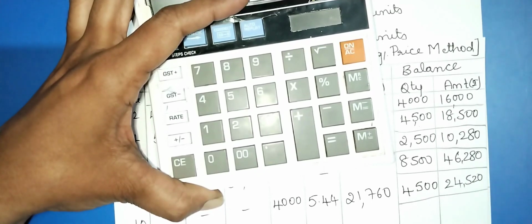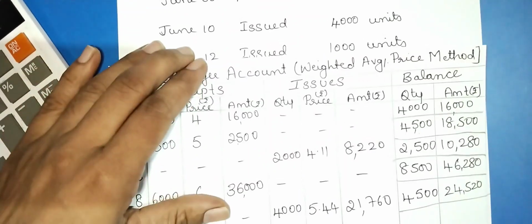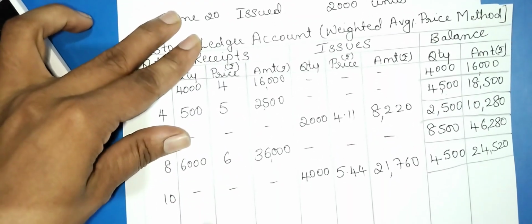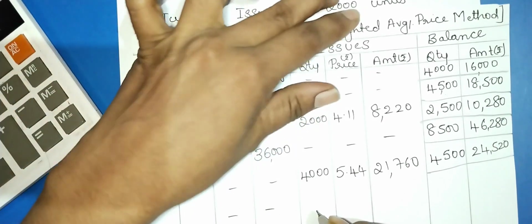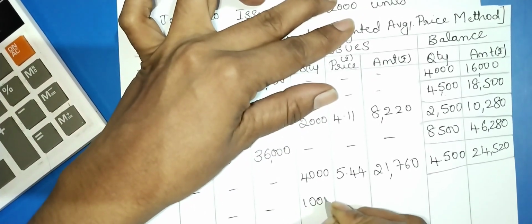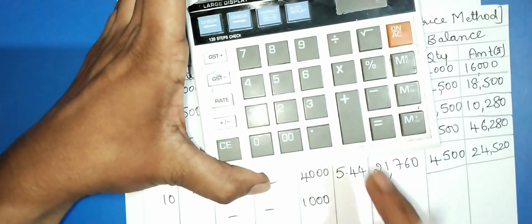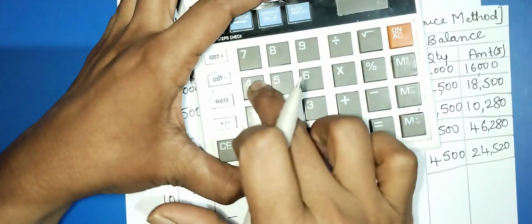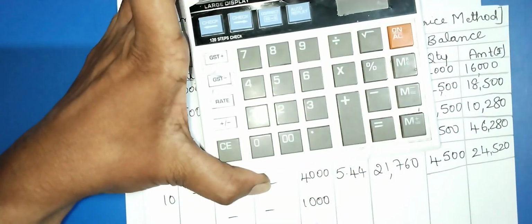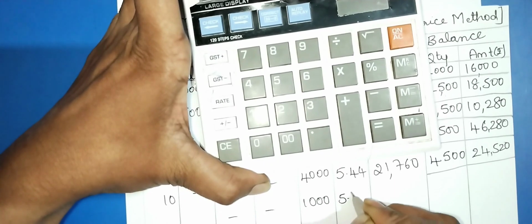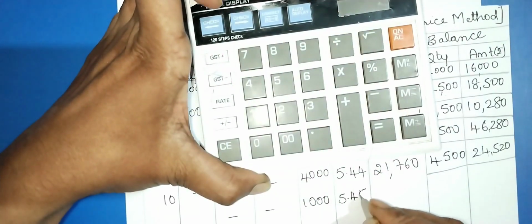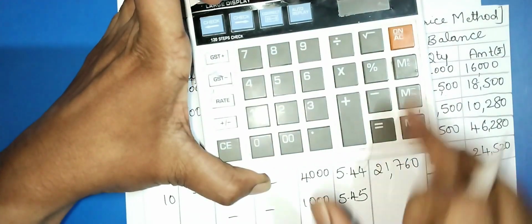The next transaction is on 12th. Again, we have one more issue. How many units are we issuing? 1,000 units. Now, how do you take the rate per unit? 24,520 by 4,500 is 5.44. 5.45 also you can take, you can round up here.